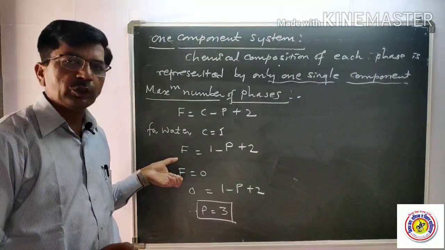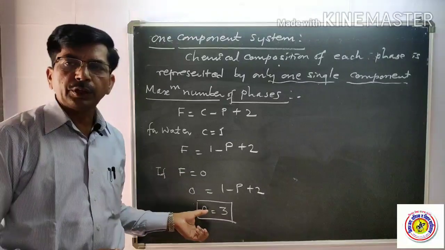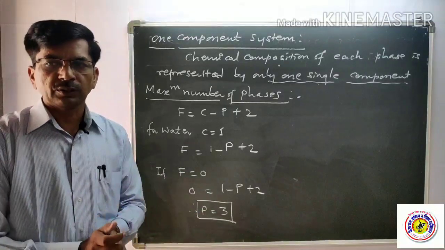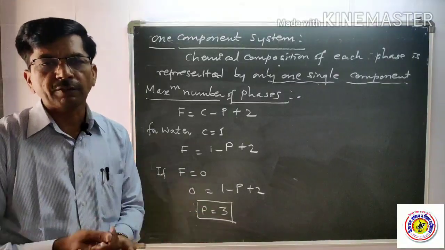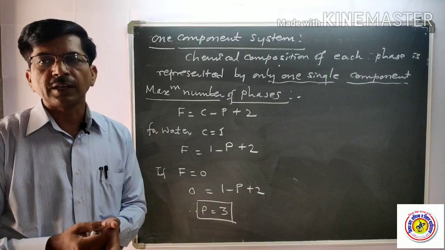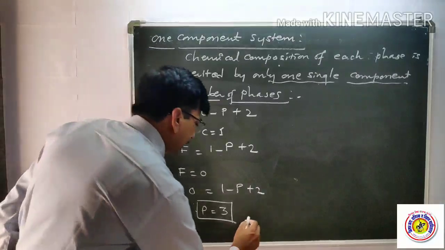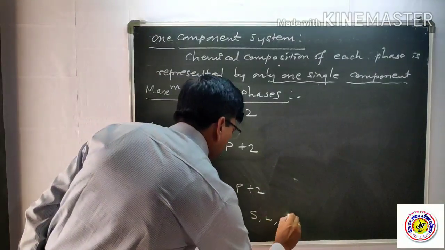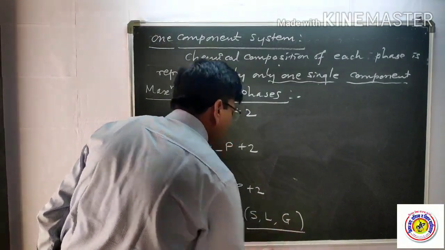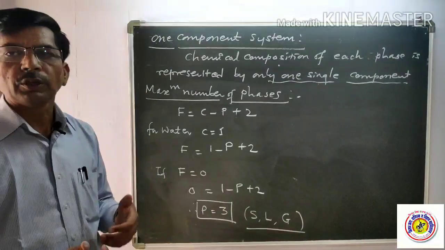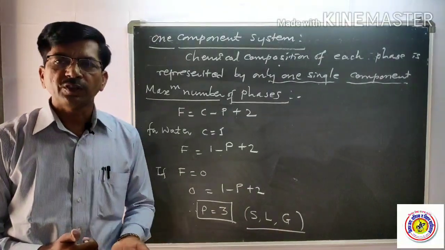What this indicates is that if we do not have a degree of freedom, all three phases coexist with each other: solid, liquid and gas. So this is the status of the one component system in the phase diagram.